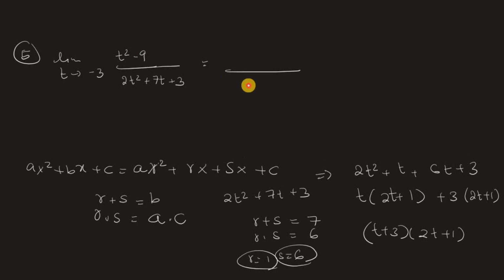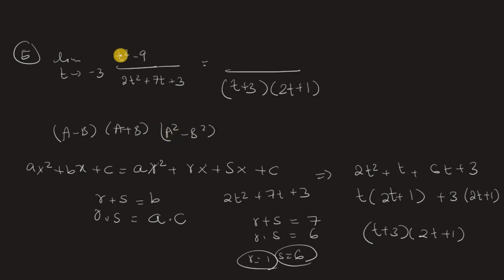Now we write this as t plus 3 times 2t plus 1, and here, this is a difference of squares, if you don't know. The difference of squares is a minus b times a plus b, which if you multiply gives you a squared minus b squared.